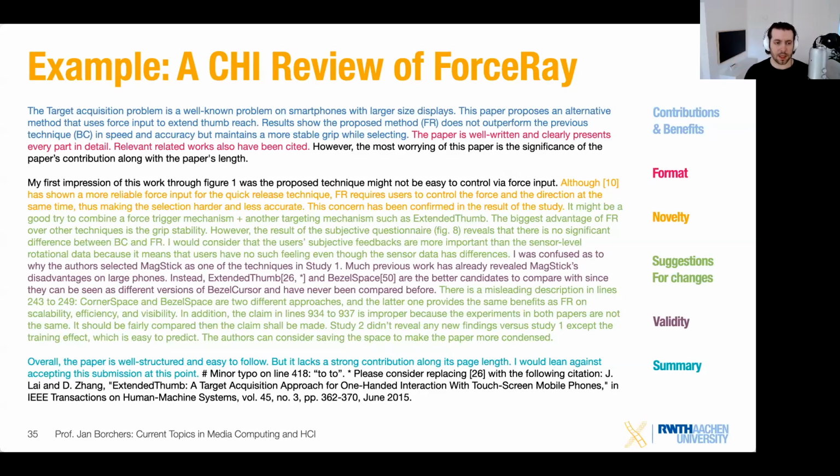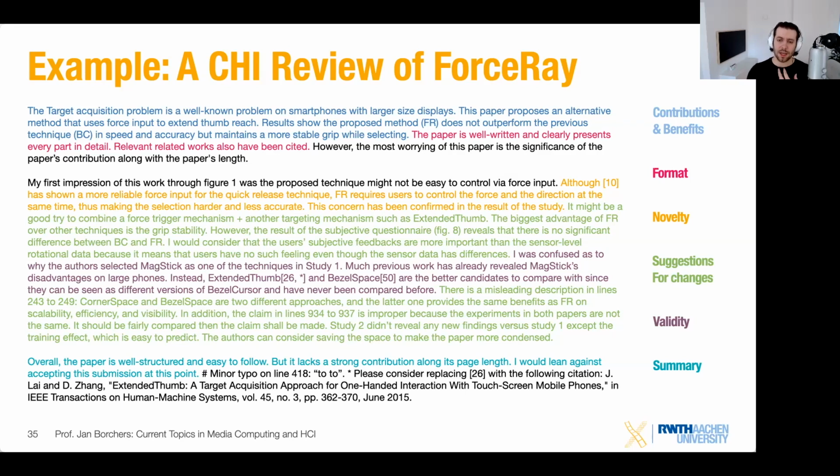interacting with it. However, the results of the subjective questionnaire reveal that there's no significant difference between bezel cursor and Force Ray, which means that although the data said it's way more stable, users did not perceive it as way more stable. So they say, okay, I would consider the user subjective feedback more important than the sensor-level relational data, because users have no such feeling, even though the sensor data shows differences.